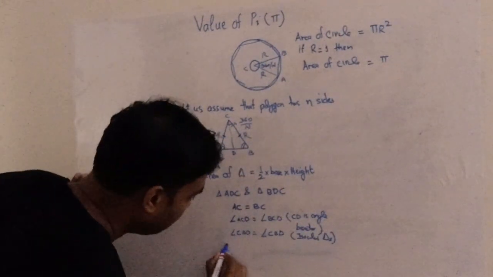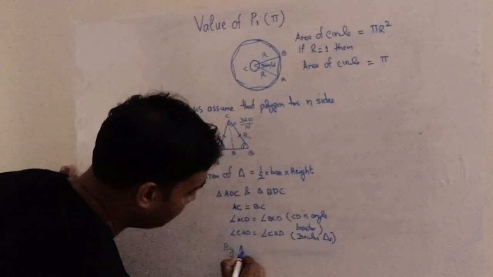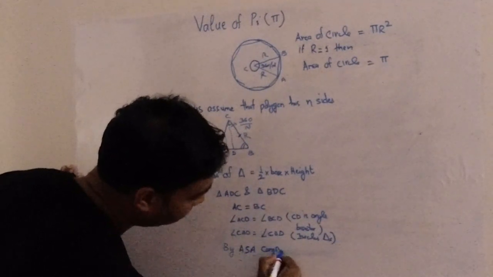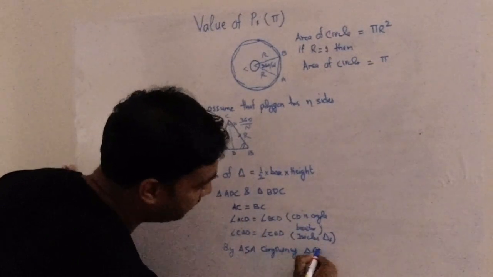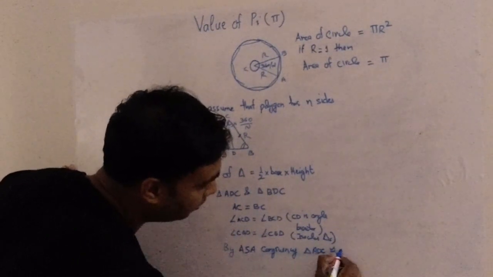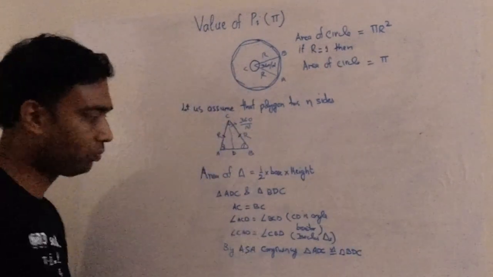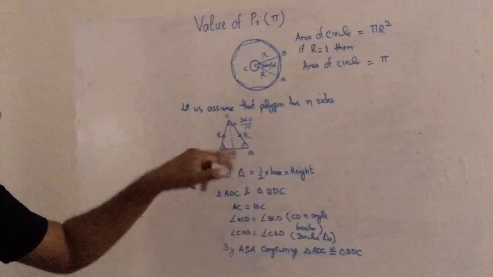So by angle-side-angle congruency, triangle ADC is congruent to triangle BDC. So I have proved that these two triangles are congruent.